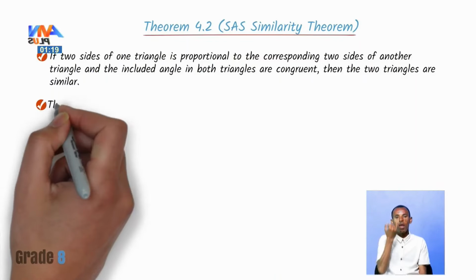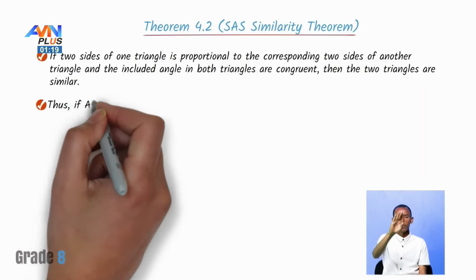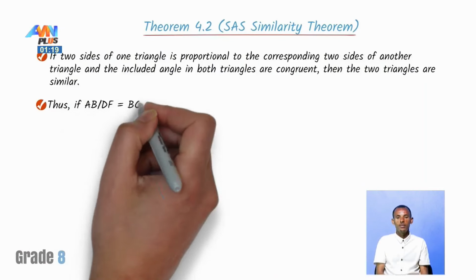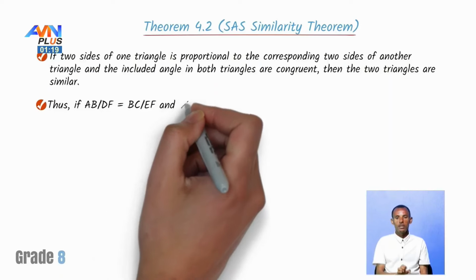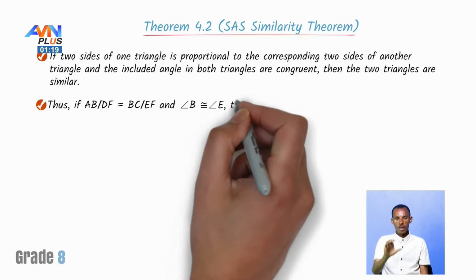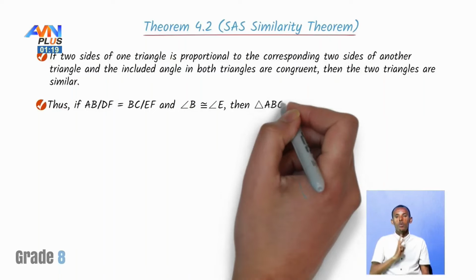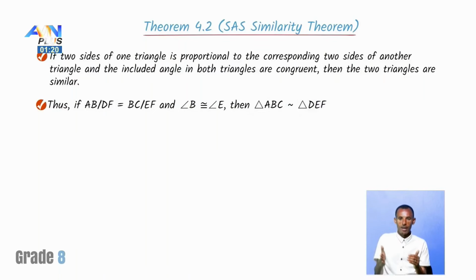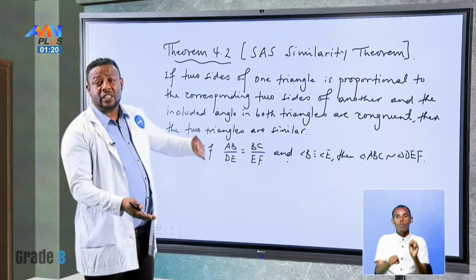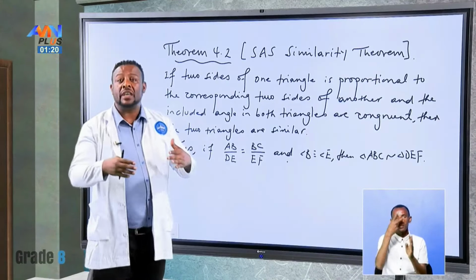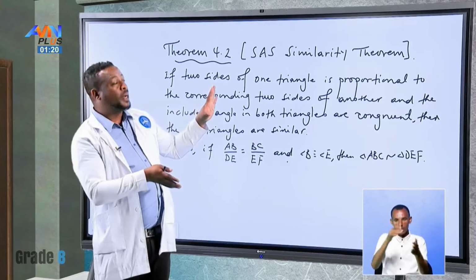Thus, if AB over DE is the same as BC over EF, okay, we need to have two proportional sides, and the included angle B and angle E are congruent, then triangle ABC is similar to triangle DEF. Okay, so based on this theorem, let's see a certain example that requires this theorem.